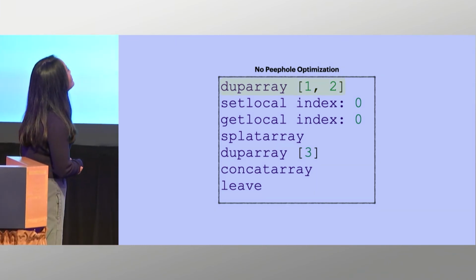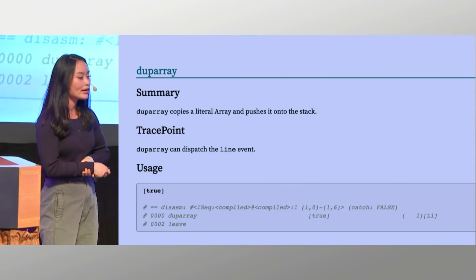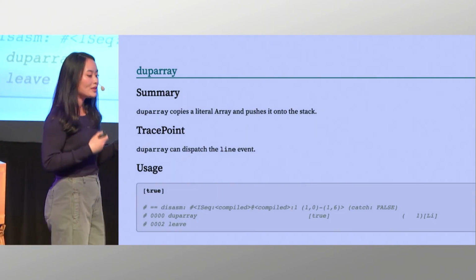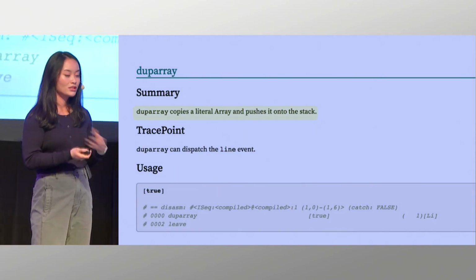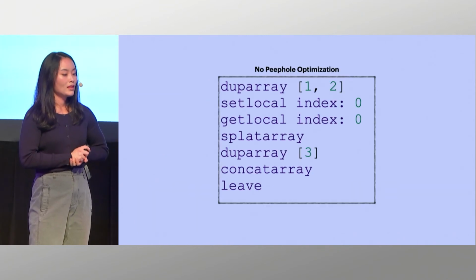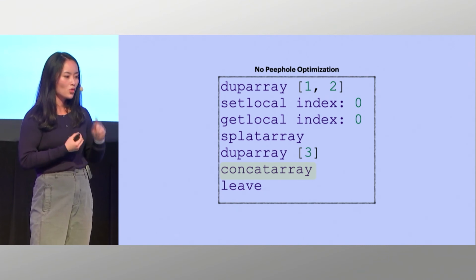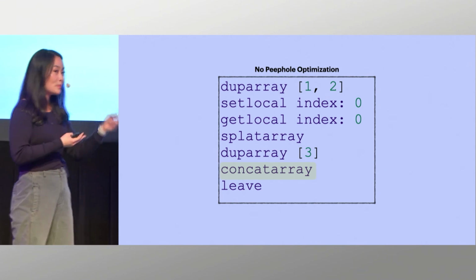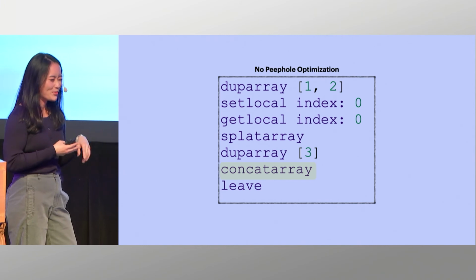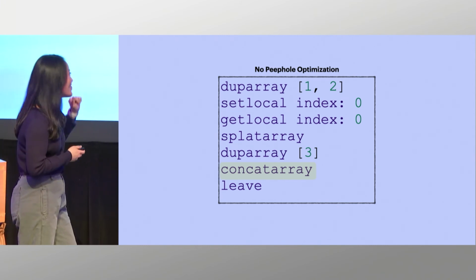We can see that dupe array is not something we've seen before. Let's take a look. Dupe array copies a literal array and pushes it onto the stack. We kind of know what set local and get local are, and I've talked about splat array before, and then dupe array. But now we have concat array.